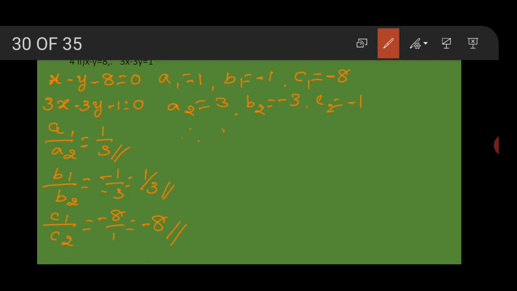In the given equations, a1 by a2 is equal to b1 by b2 and it is not equal to c1 by c2. That implies the equations are inconsistent because they have no solution, because these two lines are parallel. Therefore this is inconsistent.